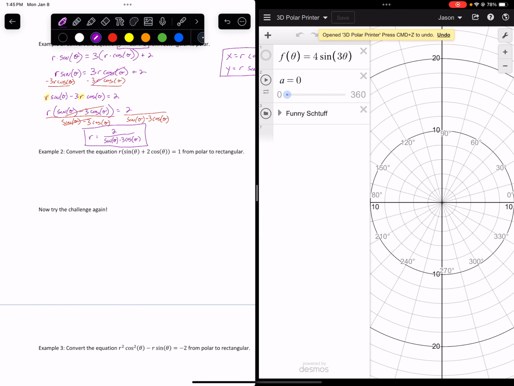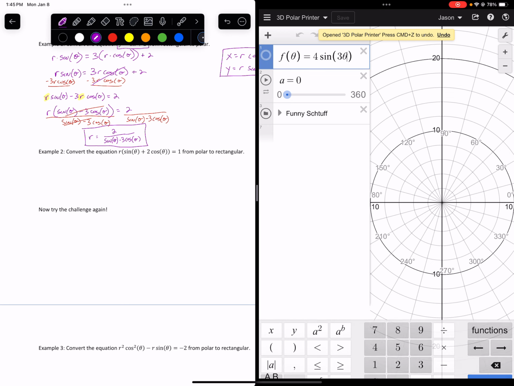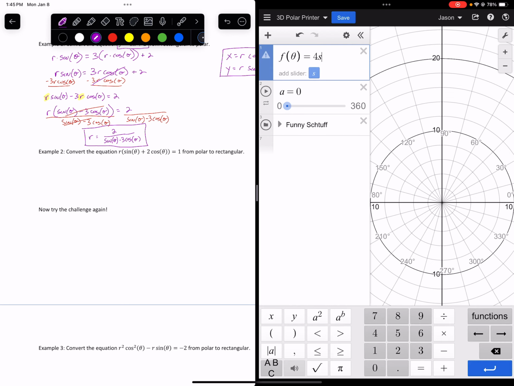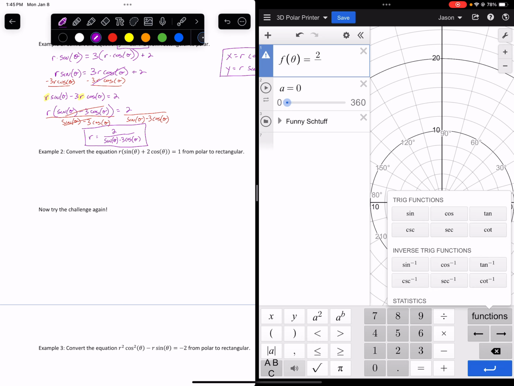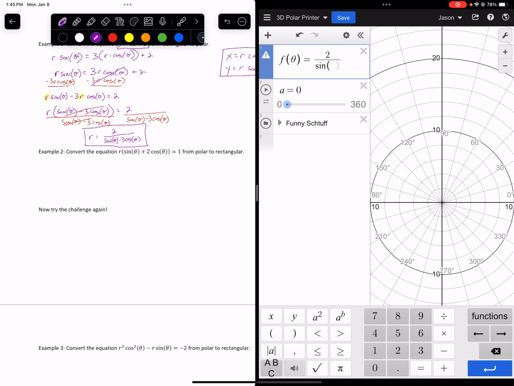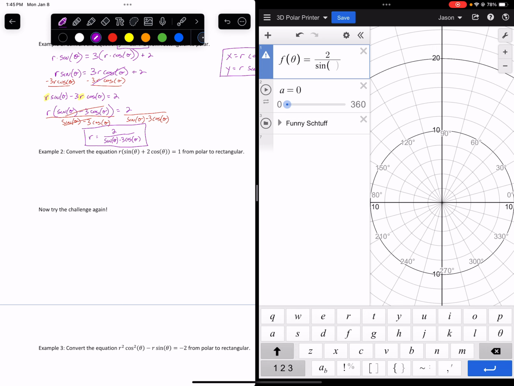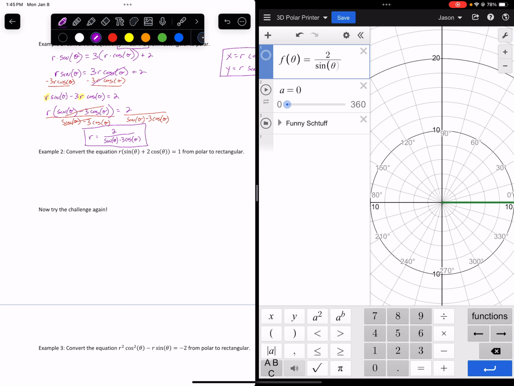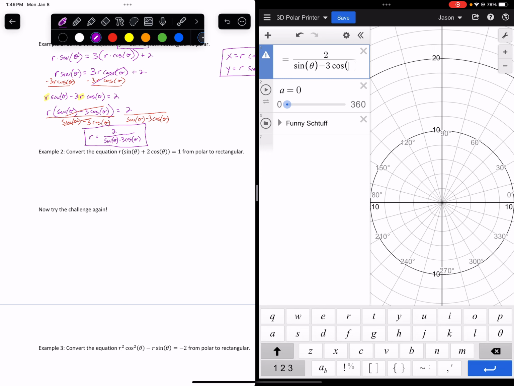All right, so we're talking about 2 divided by sine of theta minus 3 cosine of theta.